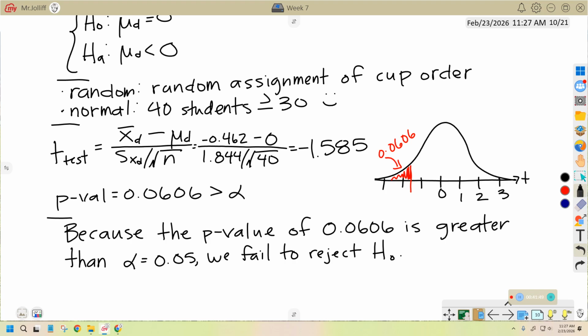That is the first of two sentences. I have addressed the null. Now I need to address the alternative. If I do not reject the null, do I have evidence for the alternative? No, it's a no and a no, or a yes and a yes. If it was a no on rejecting, it's a no on evidence. So there is not convincing evidence of our alternative.